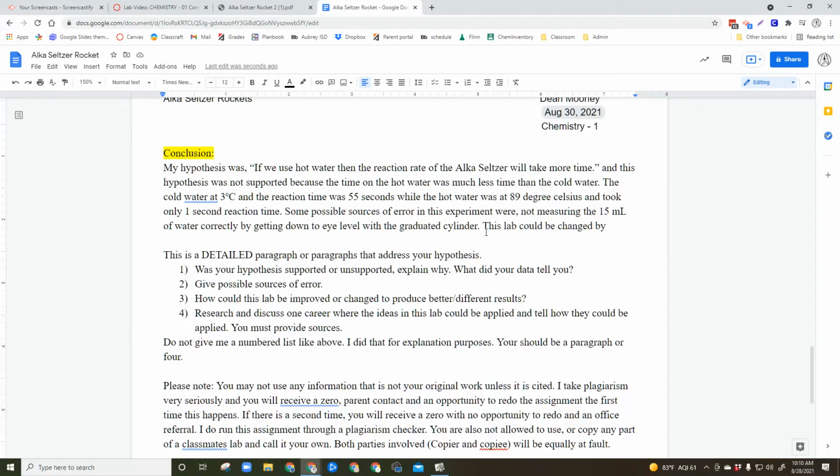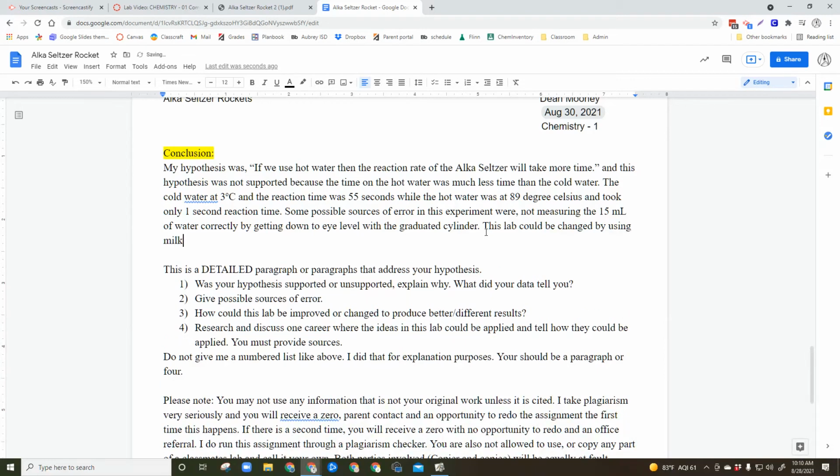This lab could be changed by using milk instead of water to obtain different results. Okay. Complete sentences. Change to produce better or different results. This lab can be changed by using milk instead of water to obtain different results.